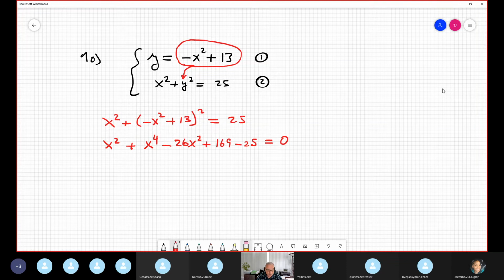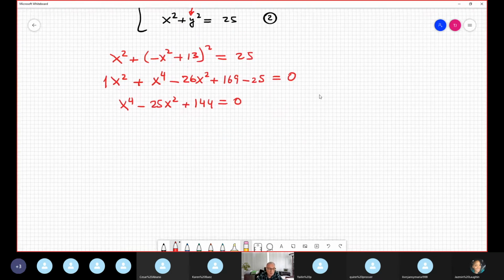So we have, for example, x to the 4th power minus 25 x squared, because we have positive 1 here and minus 26 together, and 169 minus 25 is 144, equals 0. We can do the factorization, or the quadratic formula, either way. I prefer factorization when it's possible. In this case, no big deal.